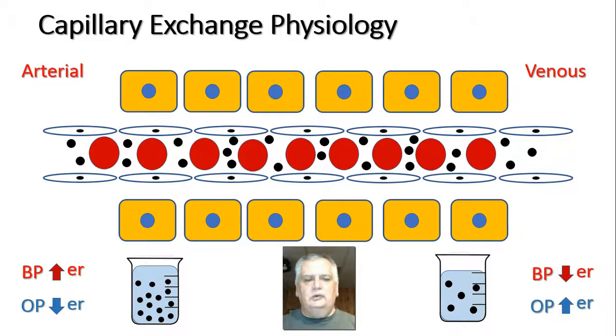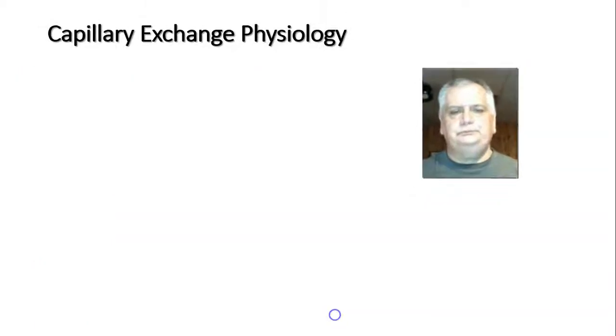So we can see with our beakers down here that the beaker on the left, which represents the interstitial fluid, becomes more watery, while the beaker on the right, which represents the blood plasma, becomes less watery, more concentrated, and becomes more and more hypertonic.